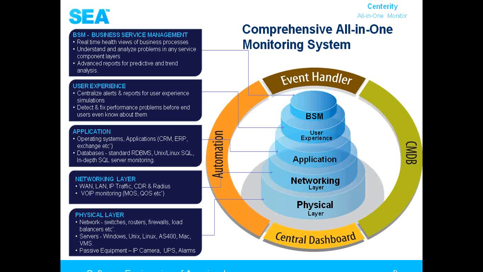Based on these set of proactive actions, you can define under what circumstances to call an IT system admin in the middle of the night, whether to wake them up or not. So just sending out hundreds and hundreds of alerts like our competitors do, they don't really add any value. You can craft these alerts to proactively call the right people at the right time under the right circumstances.